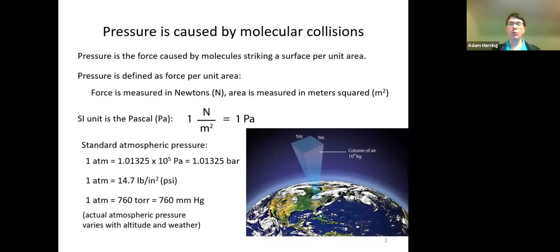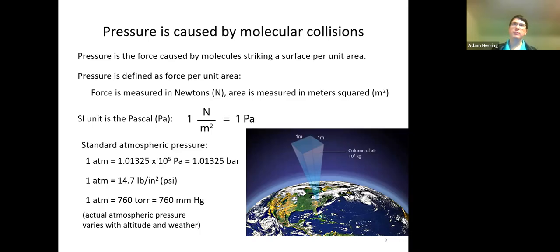When we think about pressure in the actual atmosphere, you can imagine having a vertical column of air that's 1 meter by 1 meter in terms of its area, and that it reaches all the way up to the top of the atmosphere. If you were to weigh the air in that meter squared column, it would weigh about 10 to the 4 kilograms.